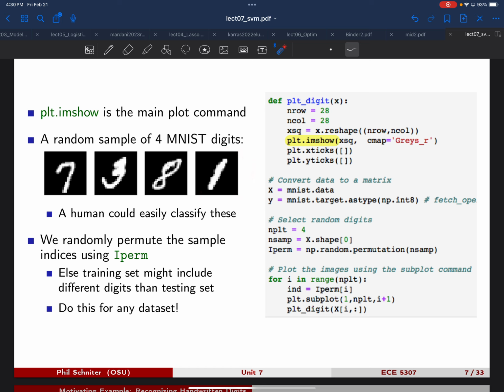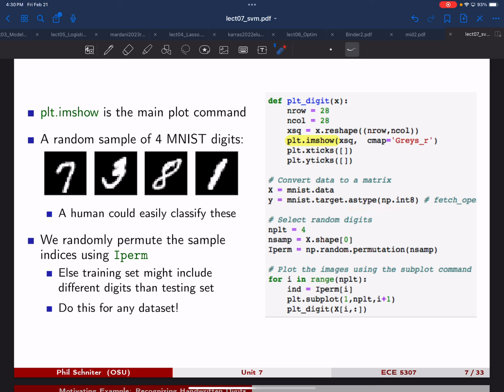So the matrix would have 70,000 rows and 384 columns, because there are 384 pixels in each image. And then the targets are going to be numbers from 0 through 9. At some point in the code, it's important that these are represented as 8-bit integers, so that's why we're forcing that in this line of code.